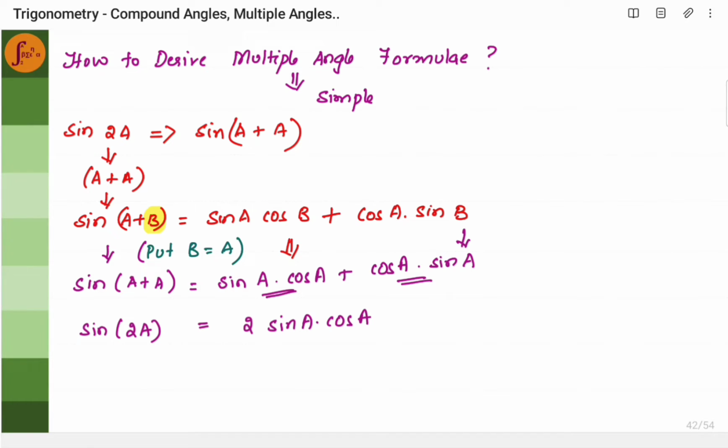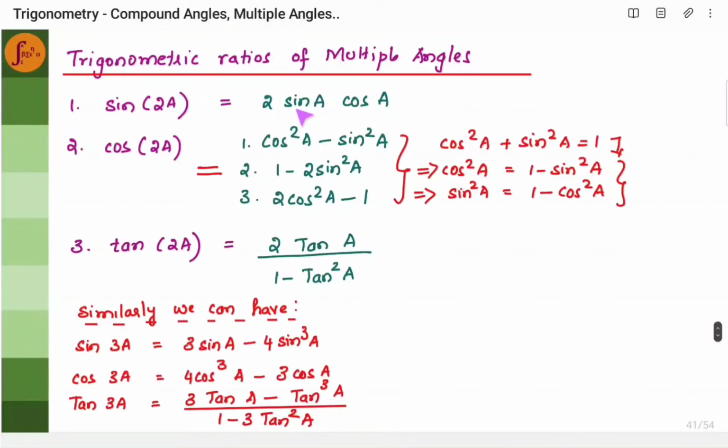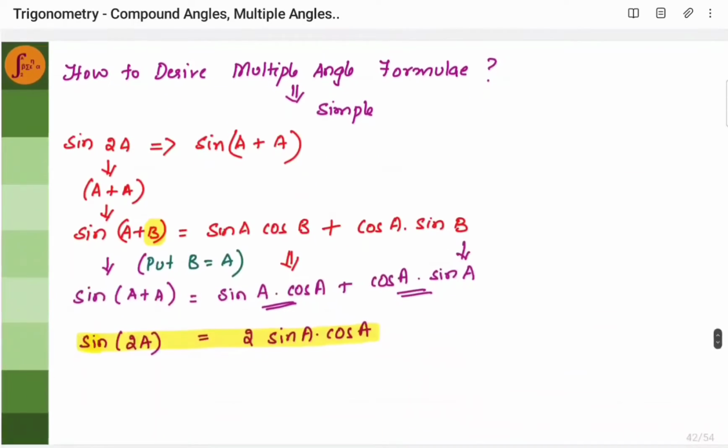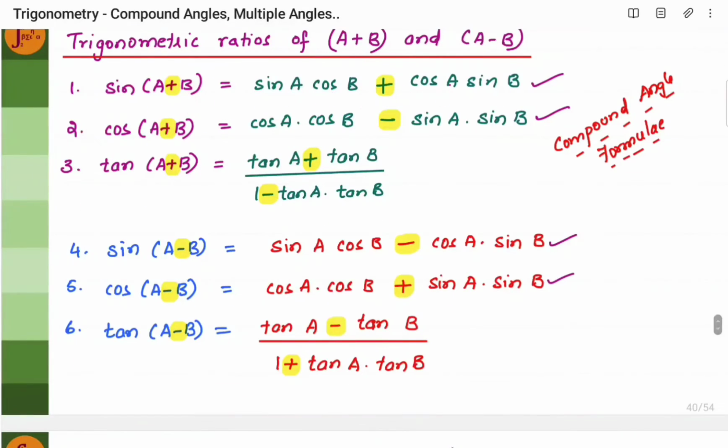So this is the formula. Sin 2A is nothing but 2 sin A cos A. Very simple. Just by looking at this particular formula, you can quickly figure out the 2A formula. Instead of B, put A, so you'll know it's going to be 2 sin A cos A.